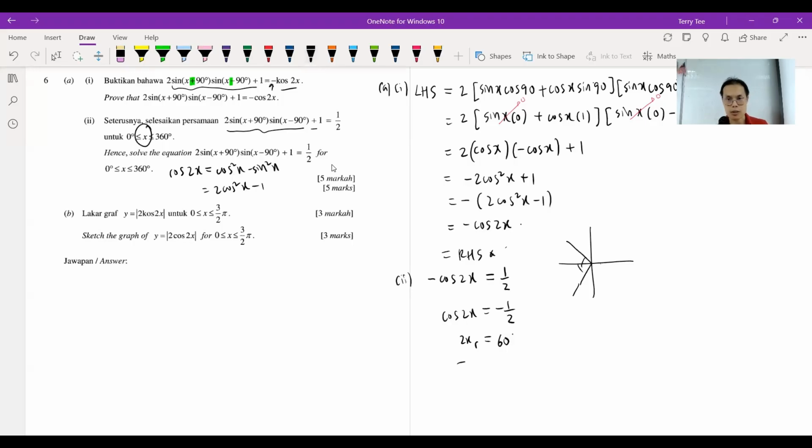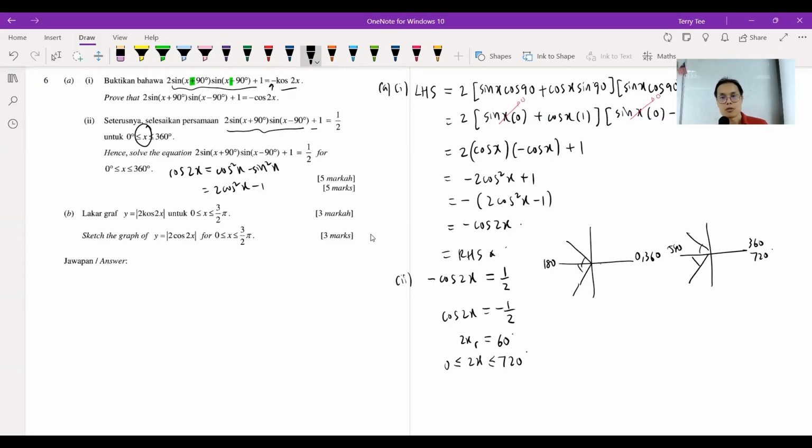So let me write one more step here for you. 2x, if you times 2, is now between 0 to 720. So normally we go 0, 180, 360, 1 cycle. But because now I'm going 2 cycles, do a taburan. So we start from 360 to 540 to 720. So we got the second cycle here and here.